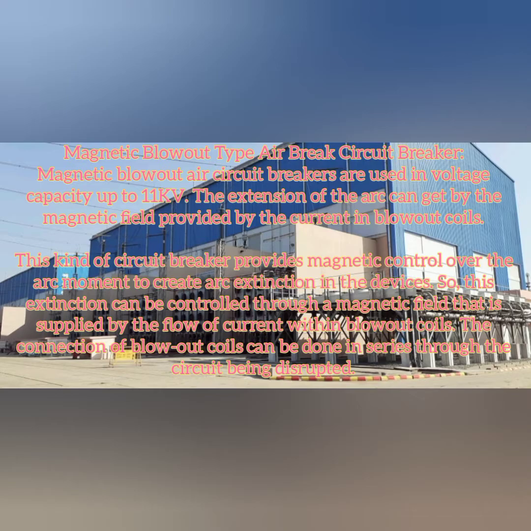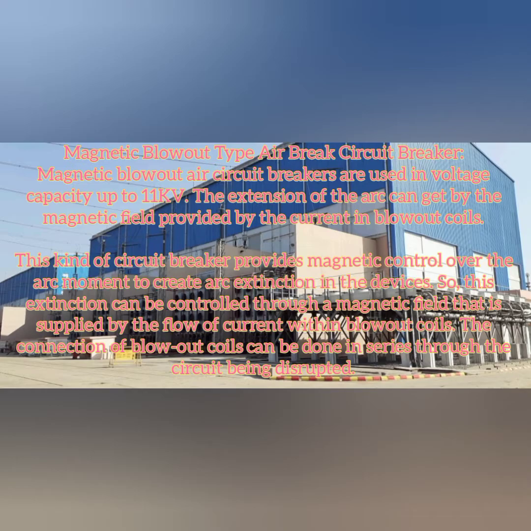Next, coming up to magnetic blowout type of air circuit breaker. These air circuit breakers are used at voltage levels up to 11 kV. So the extension of the arc can be obtained by the magnetic field produced by the current in the blowout coil. Working wise, this kind of air circuit breaker provides a magnetic control over the arc momentum to create an arc extension in the device.